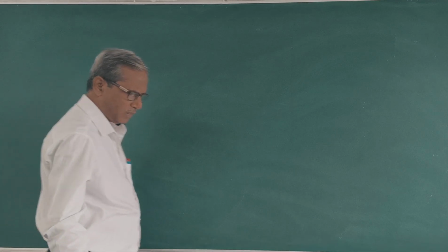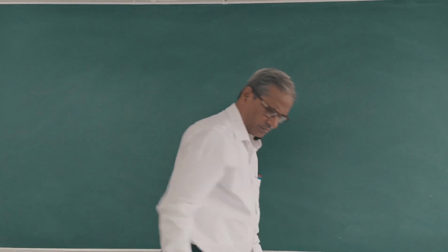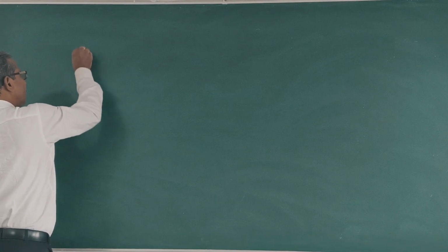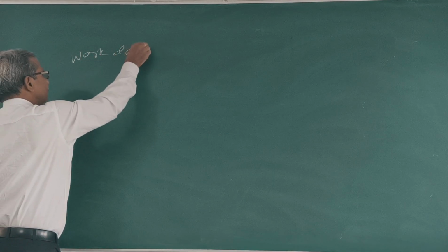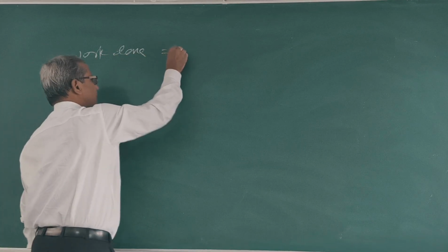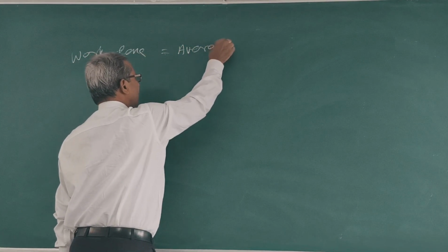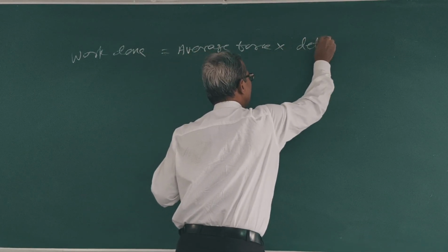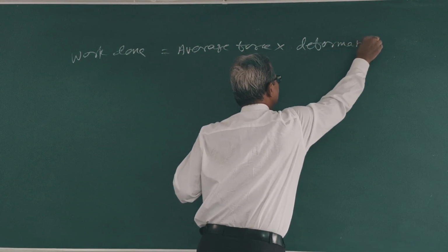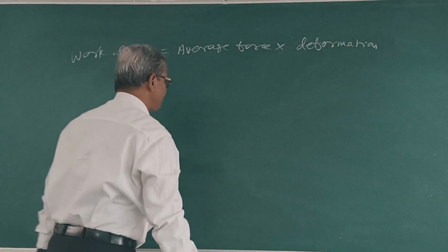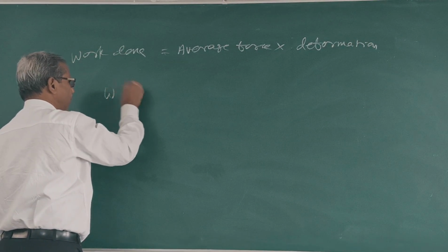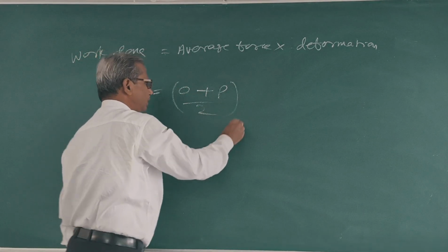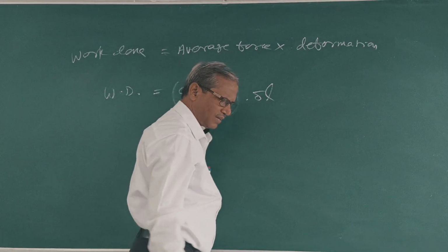Now, what is work done? Work done is equal to average force into deformation, that is work done is equal to (0 plus P) by 2 into delta L. Clear?